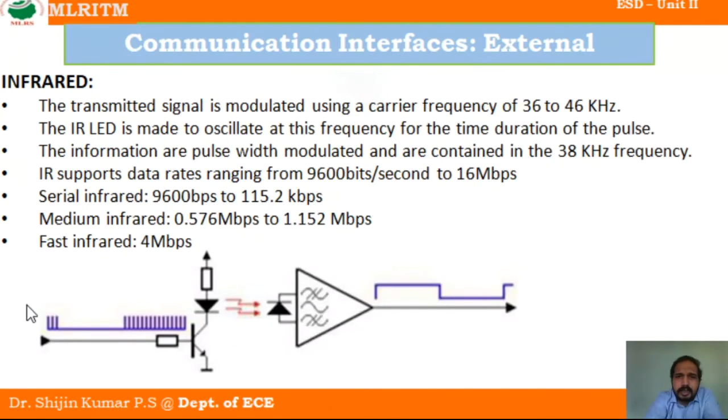First of all, the transmitted signal is modulated using a carrier frequency of 36 to 46 kilohertz. Very small frequency. Then the infrared LED will oscillate at this frequency for the time of this pulse.